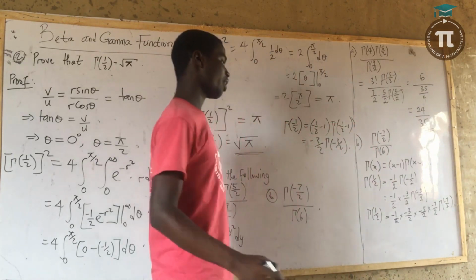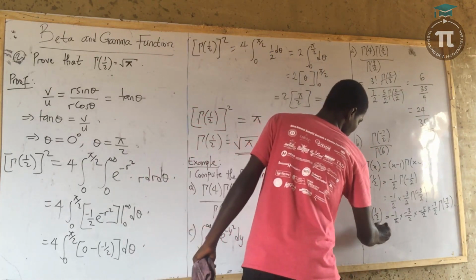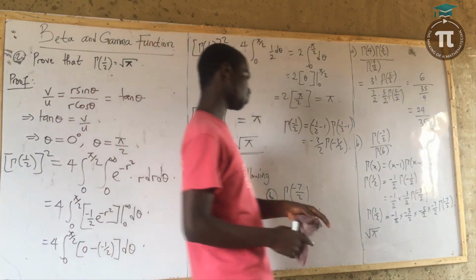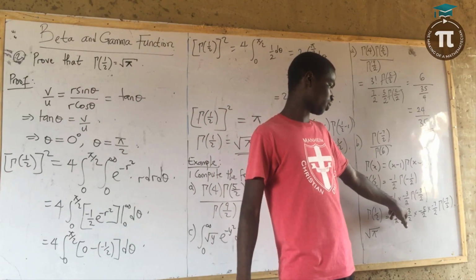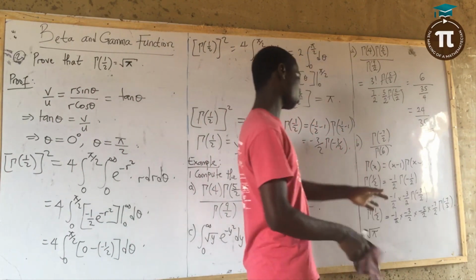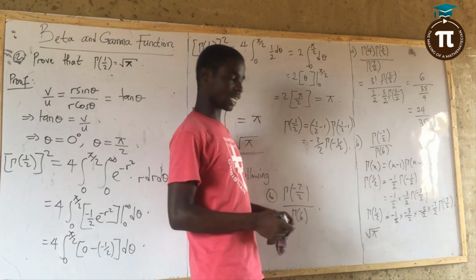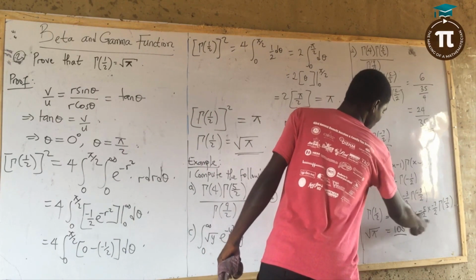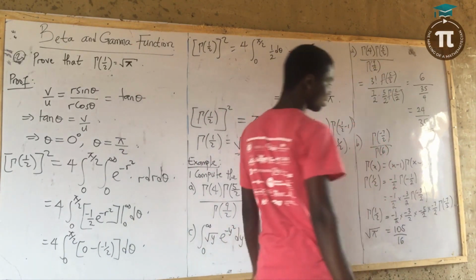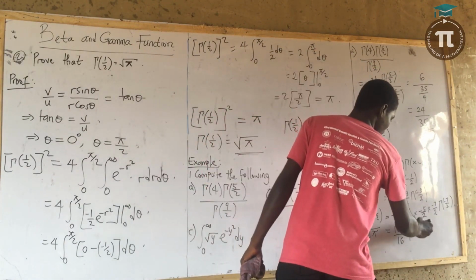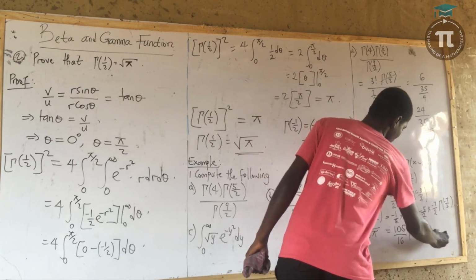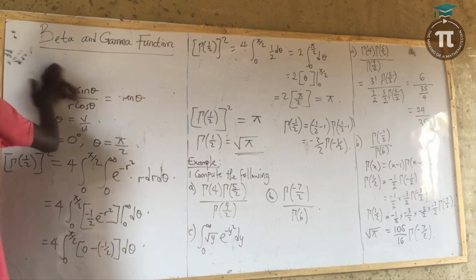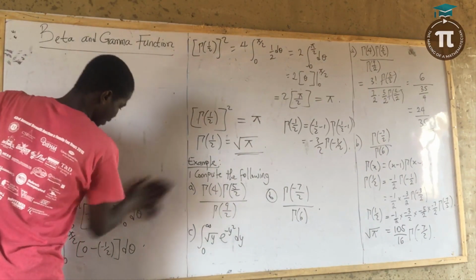So this is gamma of 1 over 2, and gamma of 1 over 2 is square root of pi. Minus times minus gives plus, so all those ones will be plus. 3 times 5 times 7 is 105, over 2 raised to the power 4, that is 16, gamma of minus 7 over 2. We then make gamma of minus 7 over 2 the subject of the formula.